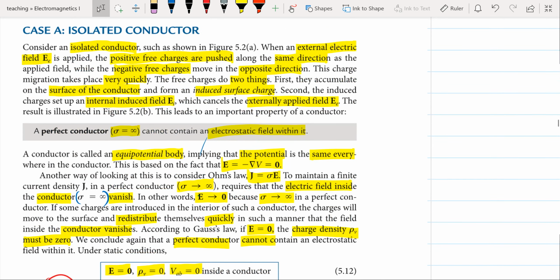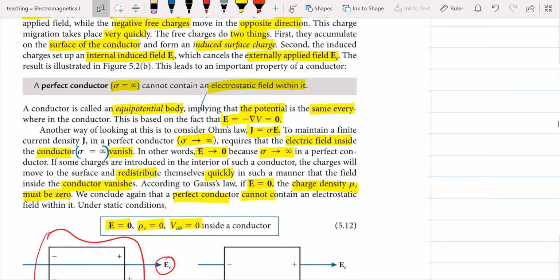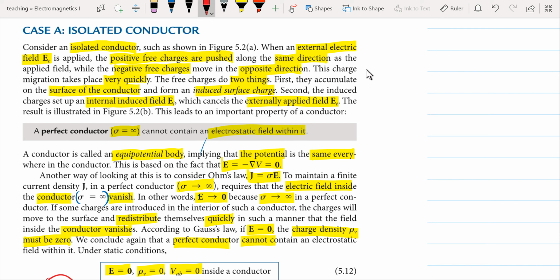Now, when an external electric field E is applied, the positive free charges are pushed along the same direction as the applied field. So that is the first item that happens, that the positive free charges are pushed along the same direction as the applied fields.